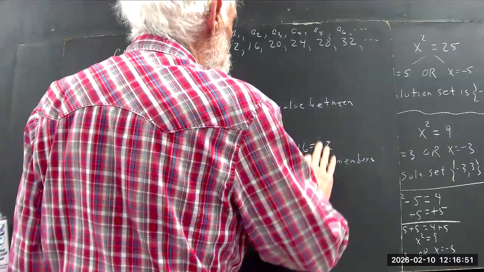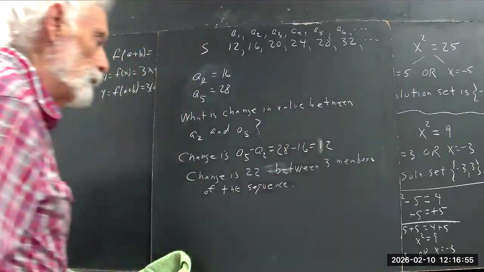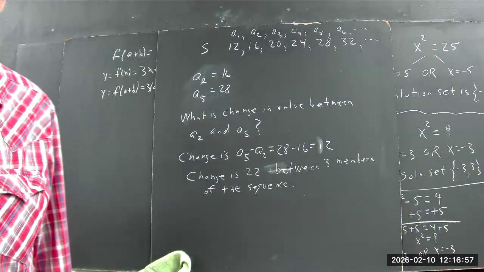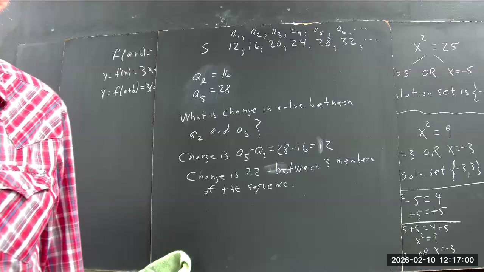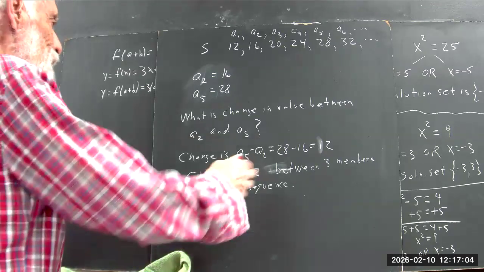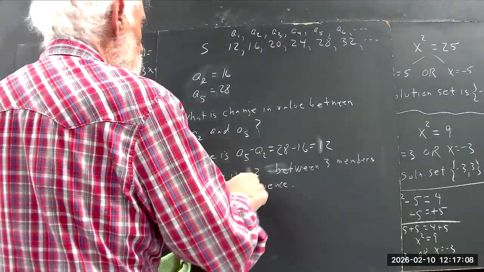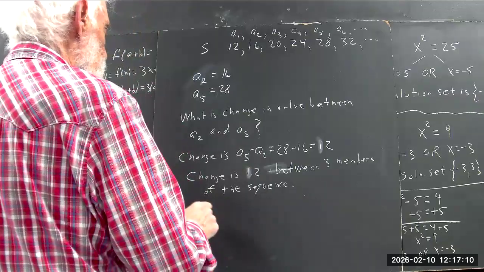I said it's 22. I've been trying to calculate this with 22, finding out that I'm not getting the right thing. It's 12, not 22. Okay. So just a bonehead error on my part. The change is 12 over three members of the sequence.